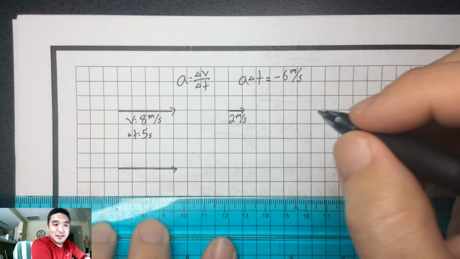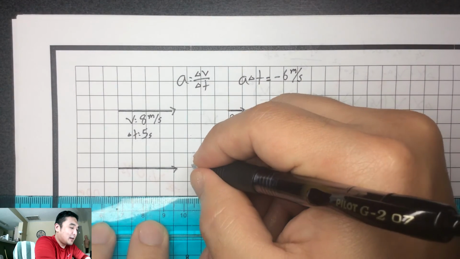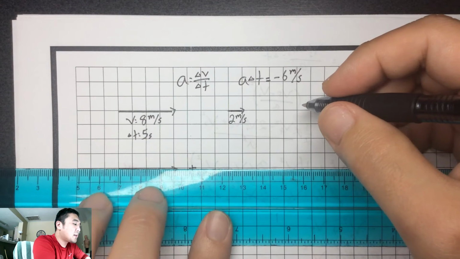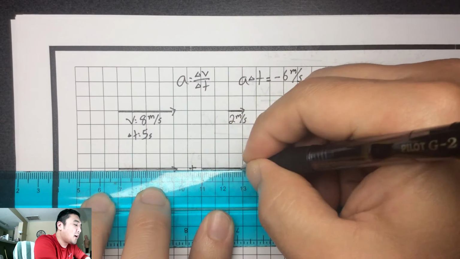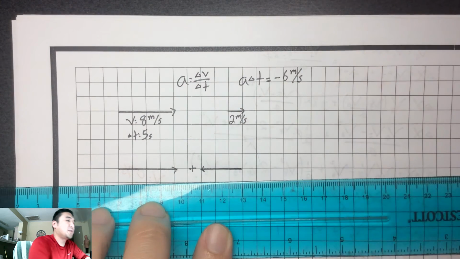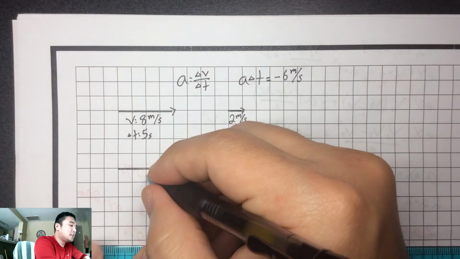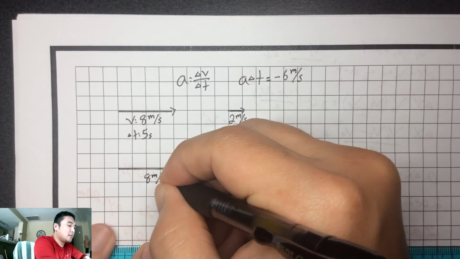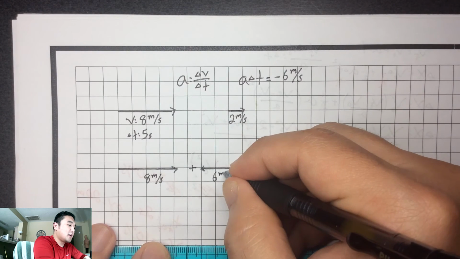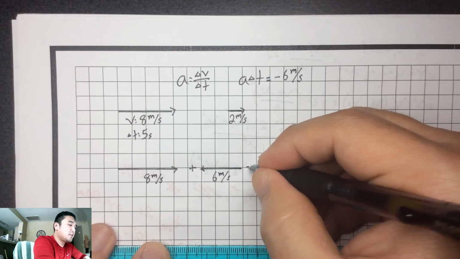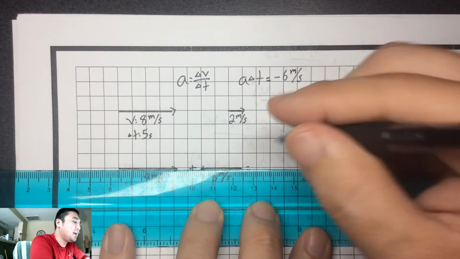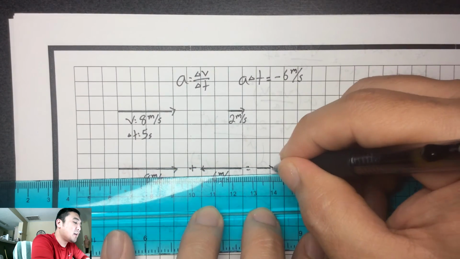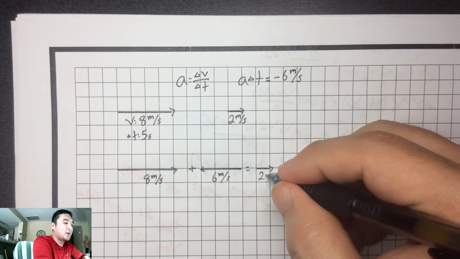What that means is we would have had to add another vector to it that was 6 long in the other direction. Okay, so if this is 8 meters per second and this is 6 meters per second, then this resulting vector, the resultant vector, should be 2 meters per second, and that's going to be still to the right.